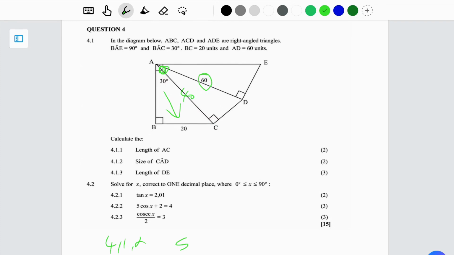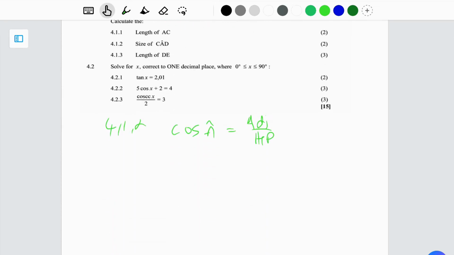So we can say cos of angle A equals adjacent over hypotenuse. So cos angle A equals adjacent, which was AC, which is 40, and the hypotenuse is 60.